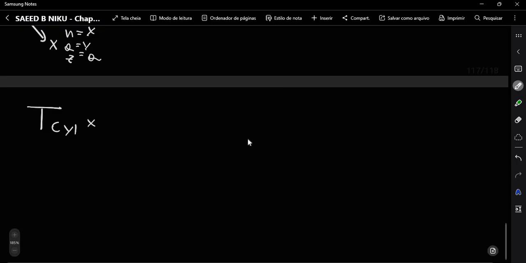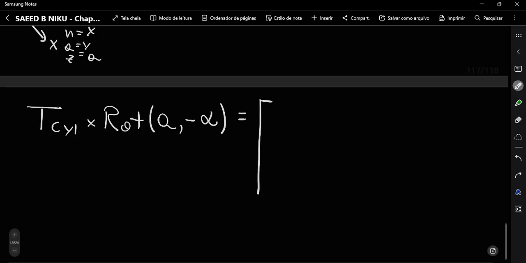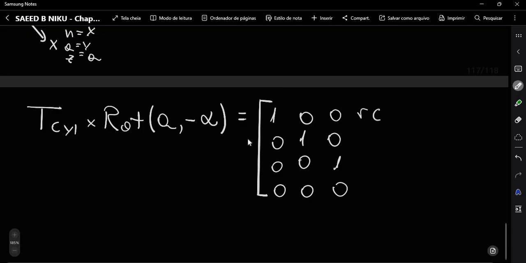And transformation of the cylindrical coordinate in rotation about the z-axis with a theta angle, and this is equal to 1 0 0 0 0, 0 1 0 0, 0 0 1, 0 r cosine of alpha r sine of alpha L 1.